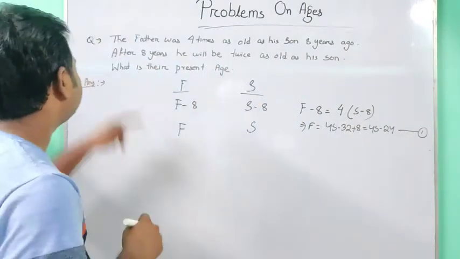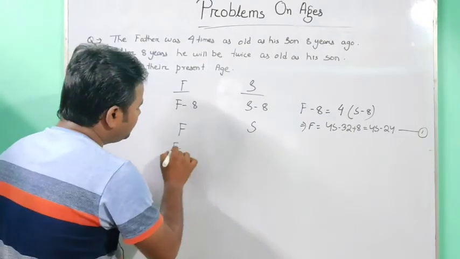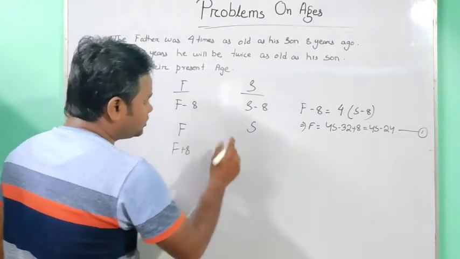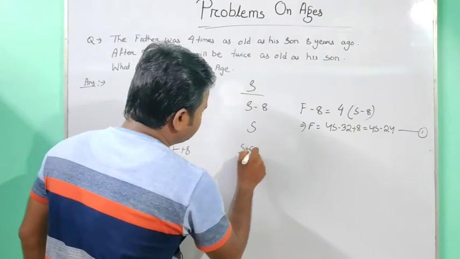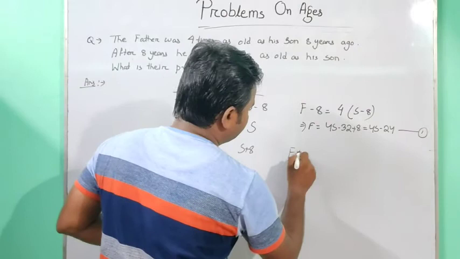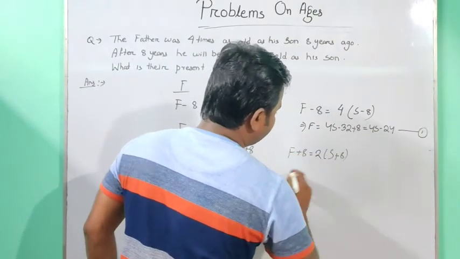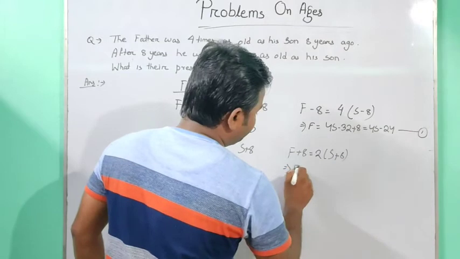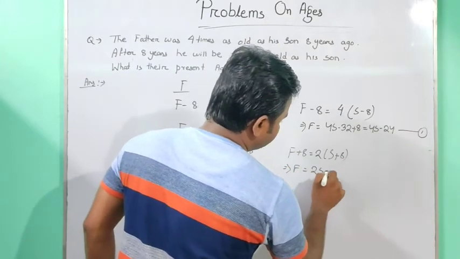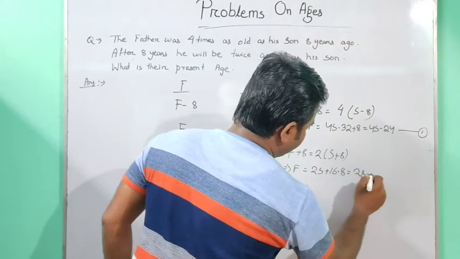The next line says after 8 years. After 8 years, the father's age will be F plus 8 and the son's age will be S plus 8. It is given that the age of the father is twice the age of his son. That means F is equal to 2S plus 16 minus 8, which is equal to 2S plus 8.